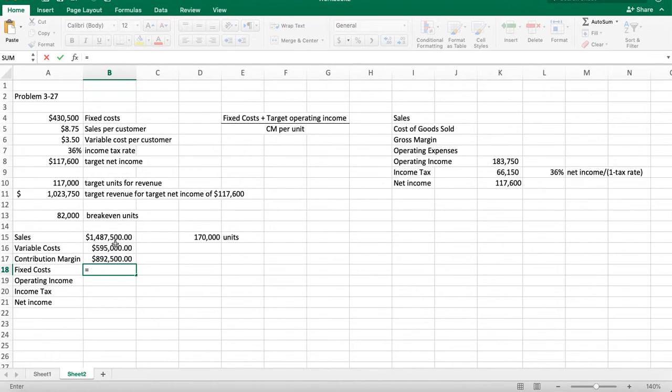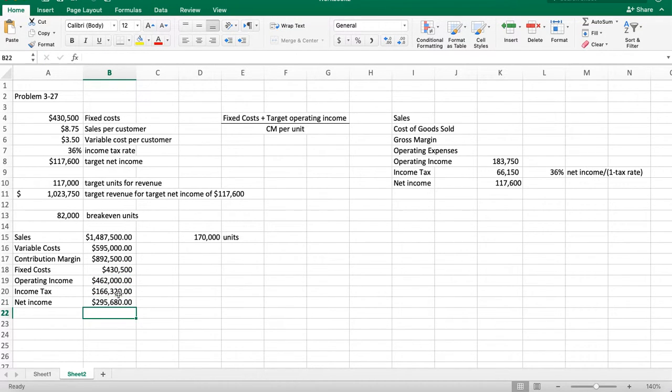My fixed cost stay the same, they're fixed, which gives me an operating income of my contribution margin minus my fixed cost, or 462,000, and then my income tax rate is 36%. And so finally, my net income would be my operating income minus my income tax, or 295,680.